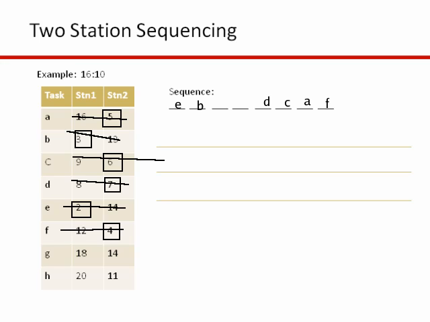And then we just keep going on here. Then the next task looks like it's going to be H. So we're going to put H here, and then the last task by default is going to have to be G. All right? So this is the sequence that is going to minimize the idle time at both stations. All right, any questions on applying that algorithm to coming up with a sequence for two stations?